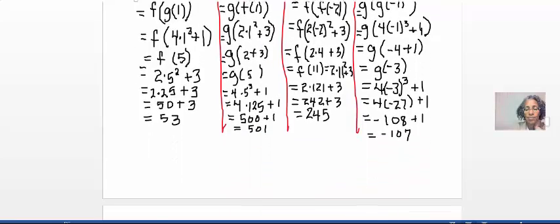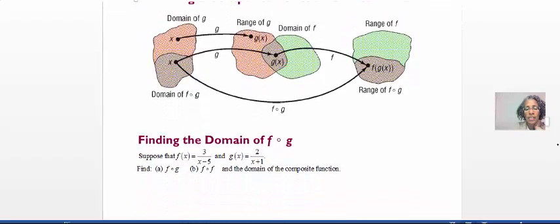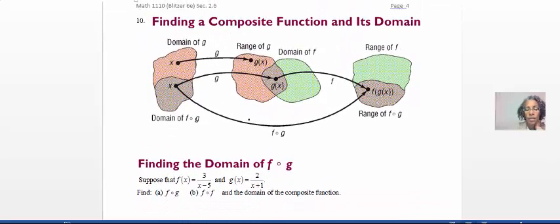Now let's look at finding a composite function and its domain. Now remember, if I'm going to compute f of g of x, x has got to be in the domain of g. This orange set is the domain of g. So I have to be able to take what this x is and put it into g, and I'm going to get a g of x. But notice what I'm going to do with g of x.